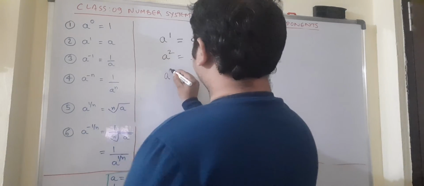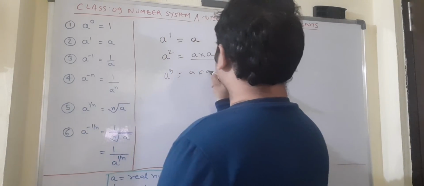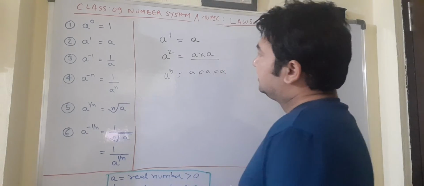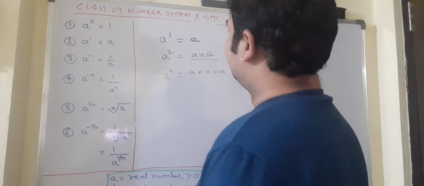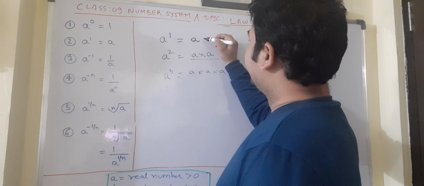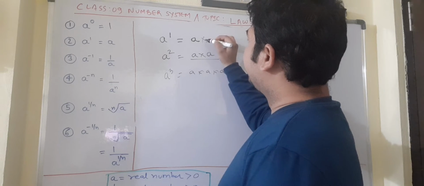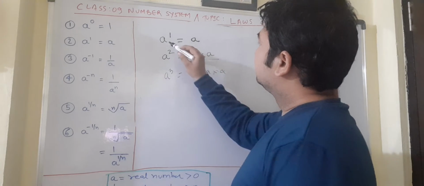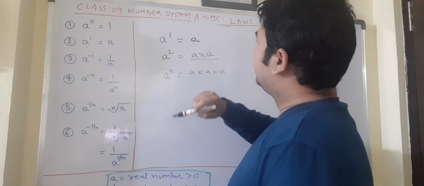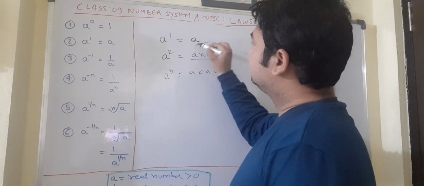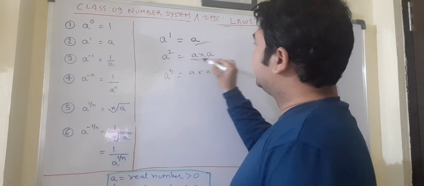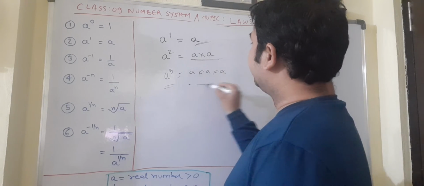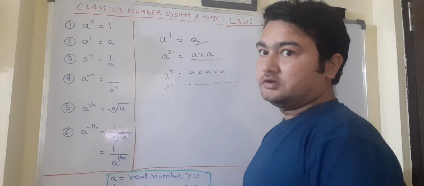If it is a to the power 3, it becomes a into a into a, 3 times.